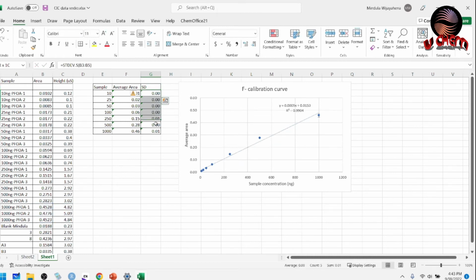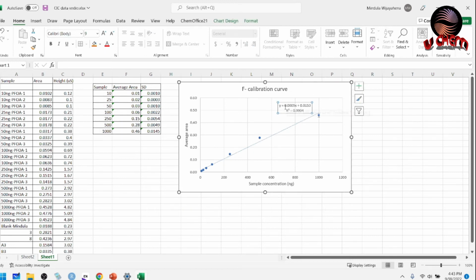Okay, I need more decimals to see the values. Now you can see. Oh, nice. So you need to be careful. I also did a wrong thing, selecting the wrong column. I don't need it. I'm going with area, so you need to stick with area. Now you have the data and the equation over here.